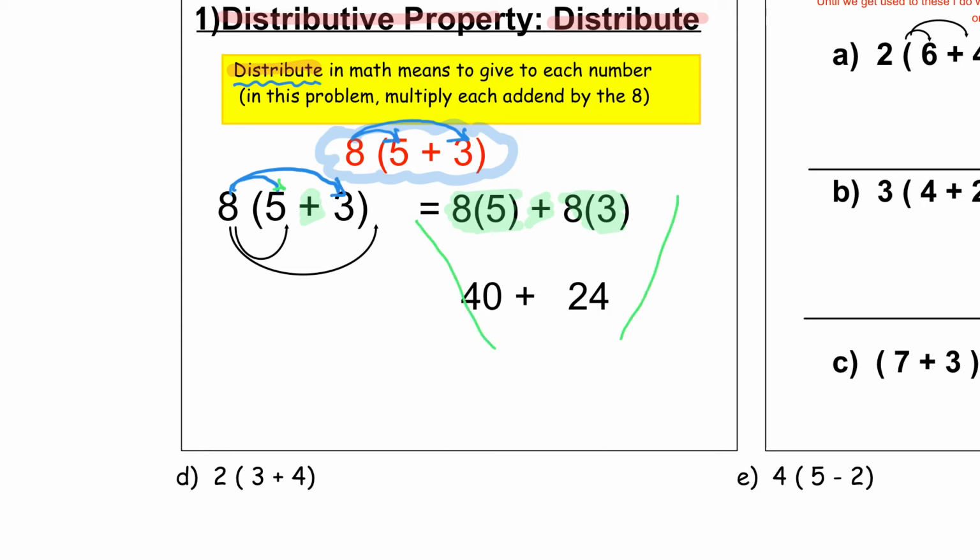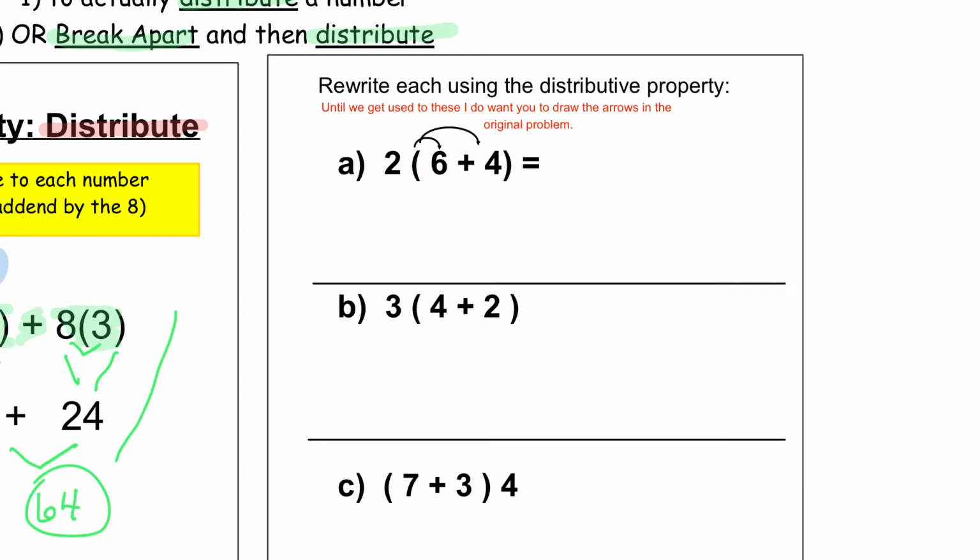We multiply now 8 times 5, which is 40. And then this over here means 8 times 3, which is 24. Okay, 40 plus 24, final answer, you can even put it in your calculator, is 64, and you are done.